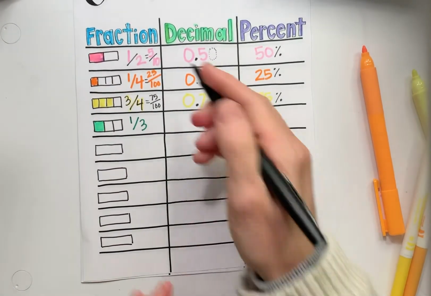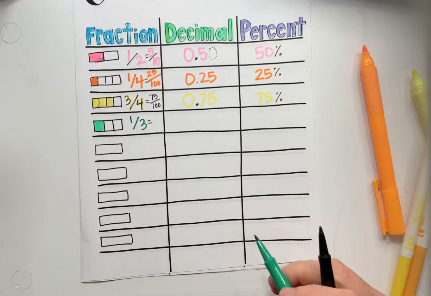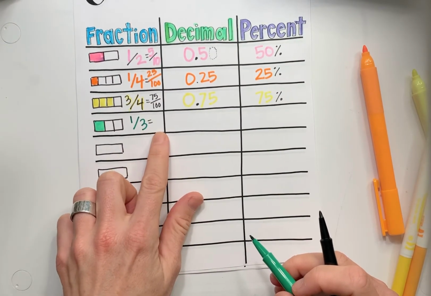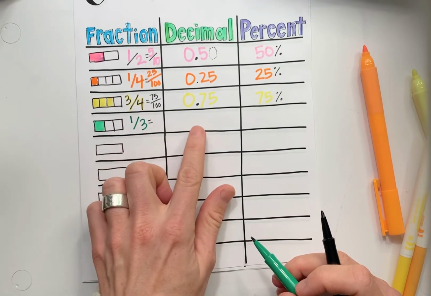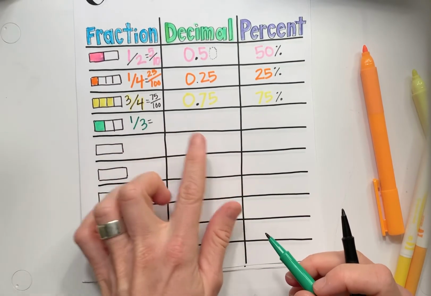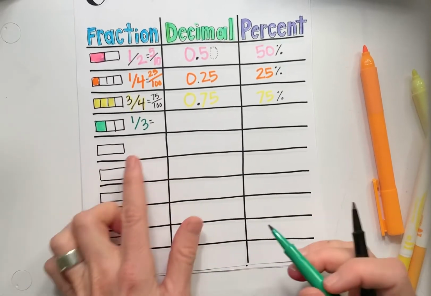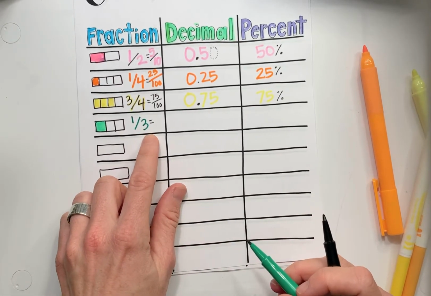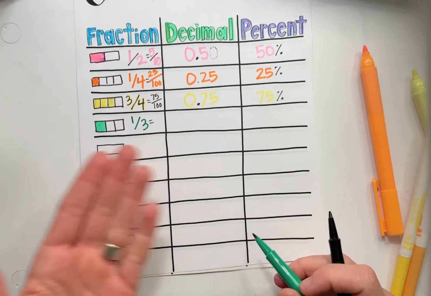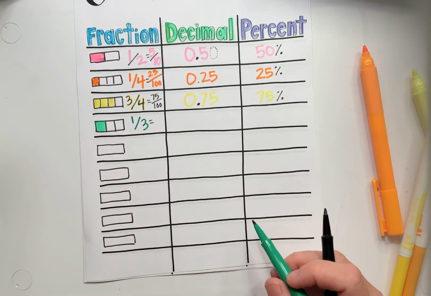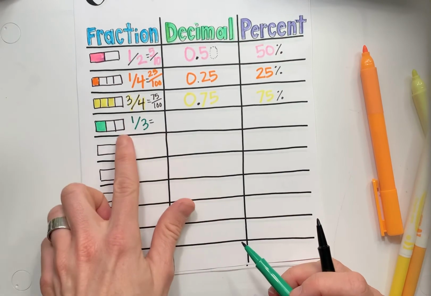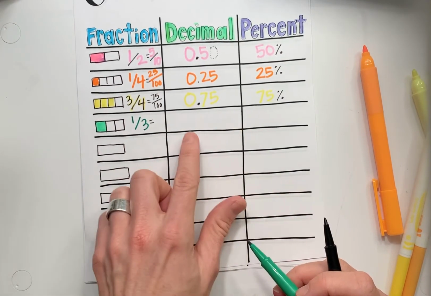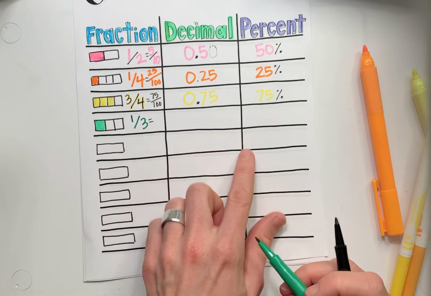So now I'm going to think, okay, what fraction is equivalent to 1/3 that's going to have a denominator of 10, 100, 1,000, and so on. And actually, there isn't one, because 3 will never be a factor of 10, 100, or 1,000. It's just not one of the factors. So what's going to happen when you do a conversion of thirds over to decimals is you're going to get a repeating decimal. It's going to go on forever.